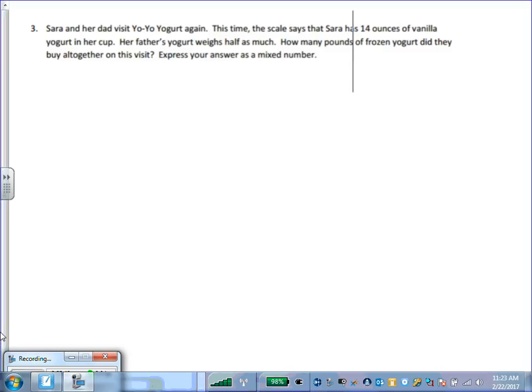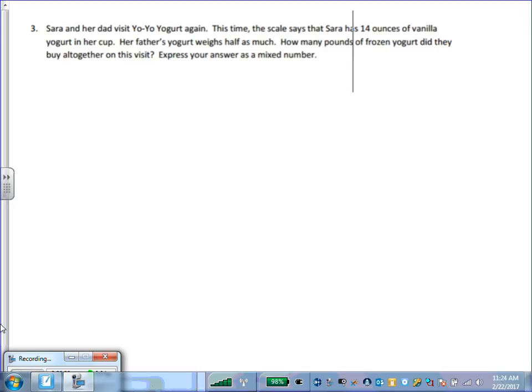This time the scale says that Sarah has 14 ounces of vanilla yogurt in her cup. Her father's yogurt weighs half as much. How many pounds of frozen yogurt did they buy altogether on this visit? Express your answer as a mixed number.